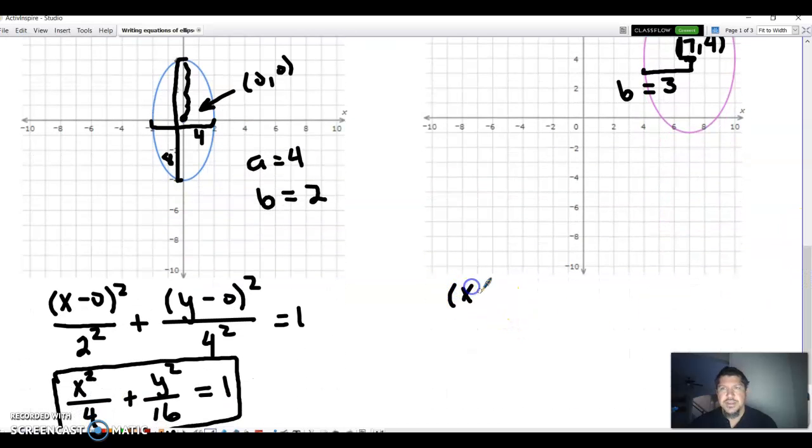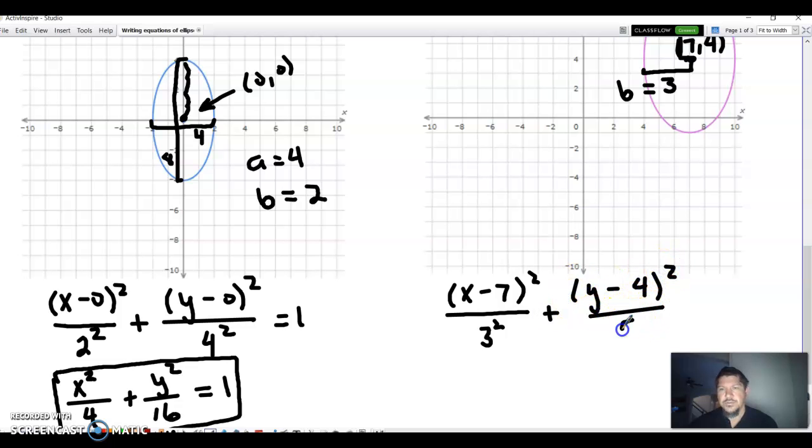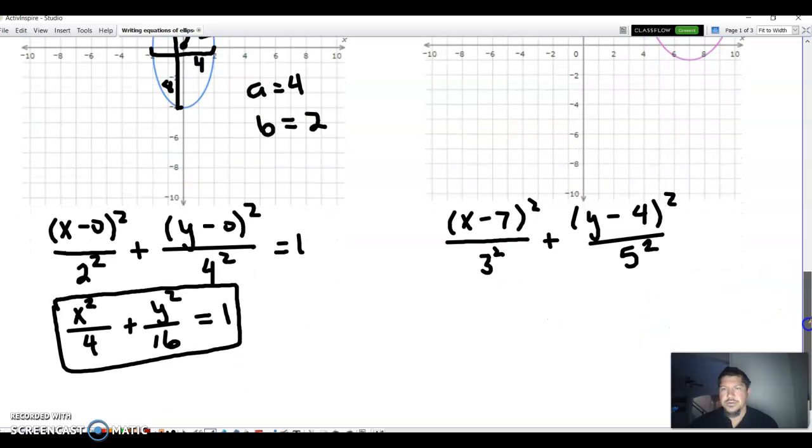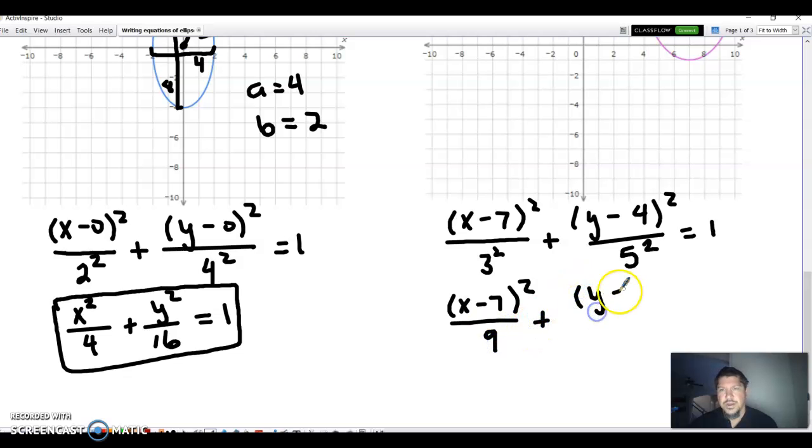So this is going to be x minus 7 squared over 3 squared plus y minus 4 squared over 5 squared, equals 1. X minus 7 squared over 9 plus y minus 4 squared over 25 equals 1. Those are simple.